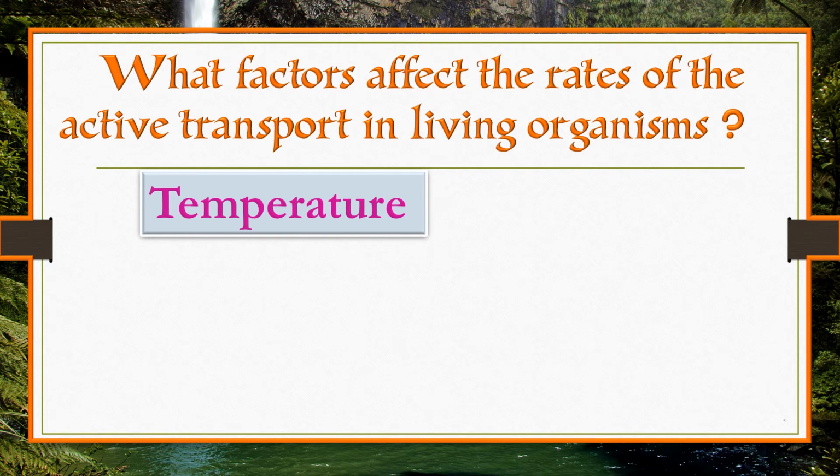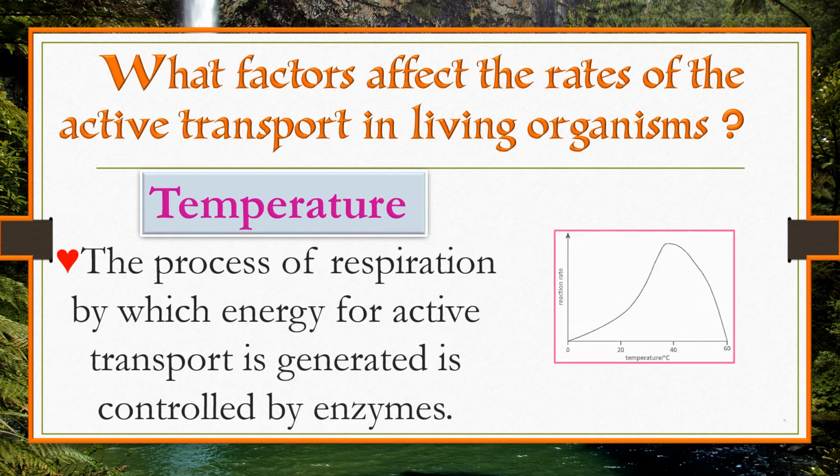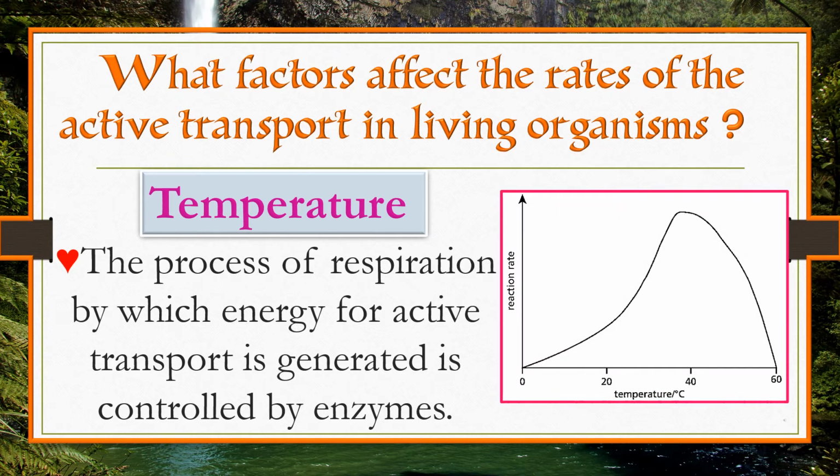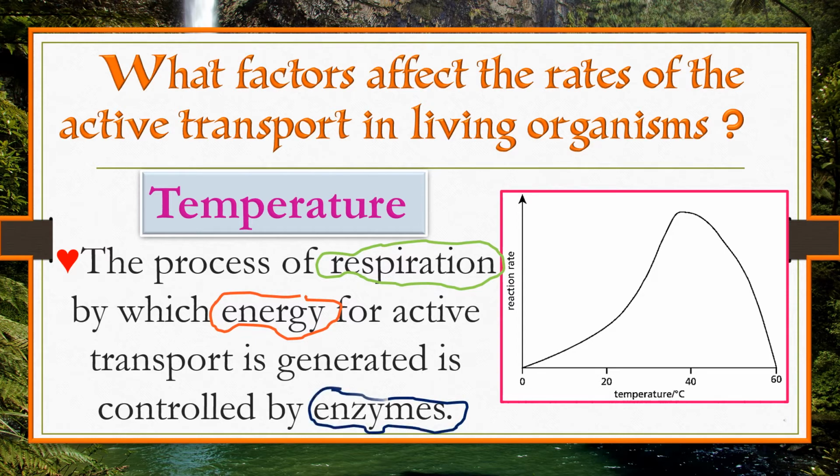Another factor is temperature. The process of respiration by which energy for active transport is generated is controlled by enzymes. We know that the reaction of respiration where we oxidize glucose to give us energy is controlled by enzymes.